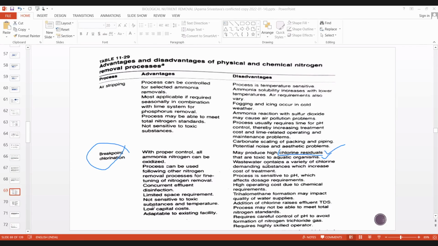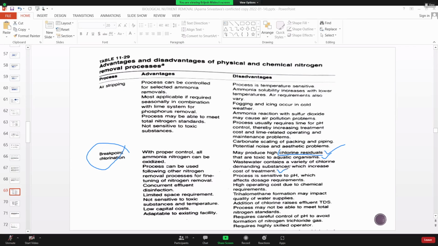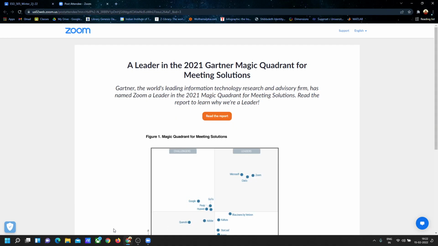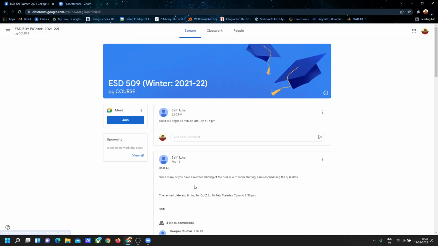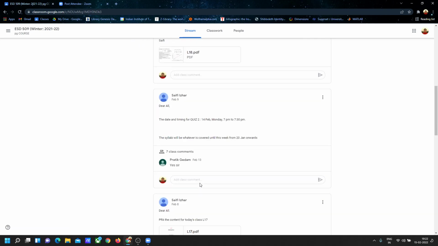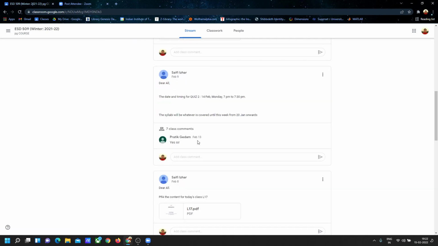Wastewater contains a variety of chlorine-demanding substances, which increase the cost of the treatment. If too much chlorine demand is there, then the chlorine dose is going to increase, which finally causes a higher dose. The process is sensitive to pH, which affects dosage requirement.